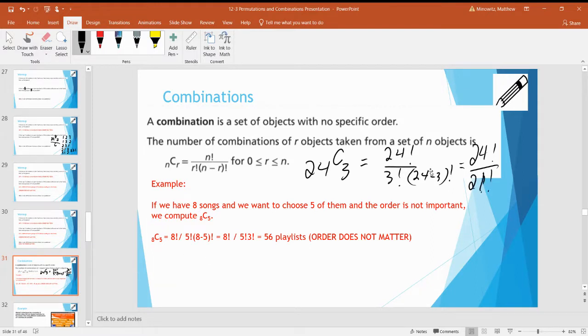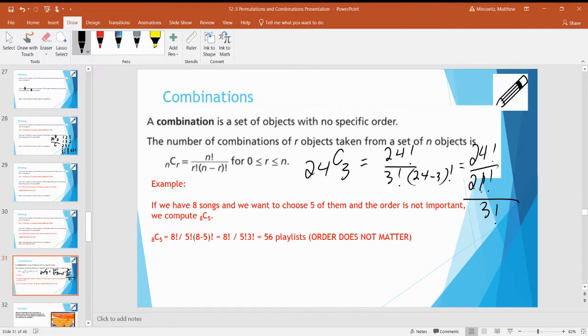Okay, this part was the permutation, and then we have to divide it by what's double counted. All of the orders that are counted in multiple different ways. So we have the permutation, and then we divide it by 3 factorial, which is the 6 ways we saw previously that we could rearrange 3 numbers.